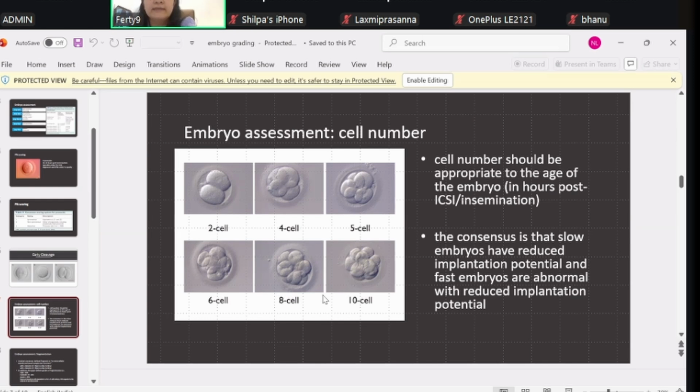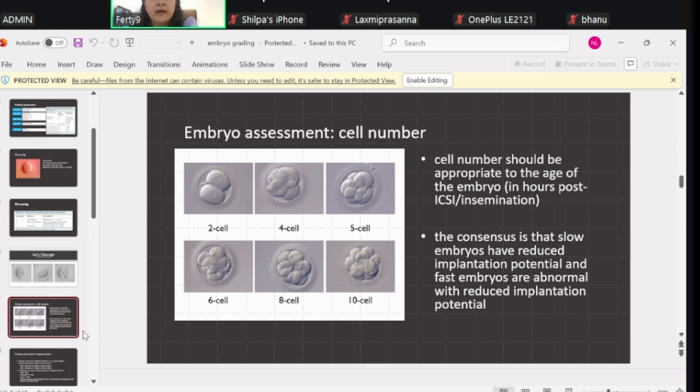All these cell numbers are day 3 embryos. From day 3, only then will it go to day 5. Here the cell number should be appropriate for the ICSI or insemination timing, and according to that we will be able to observe the cell number.